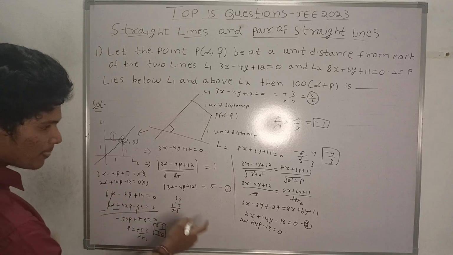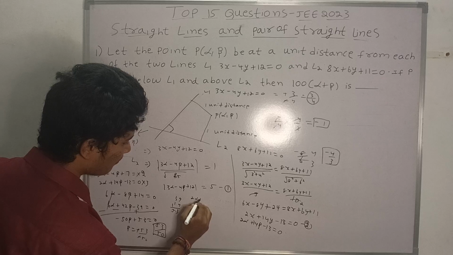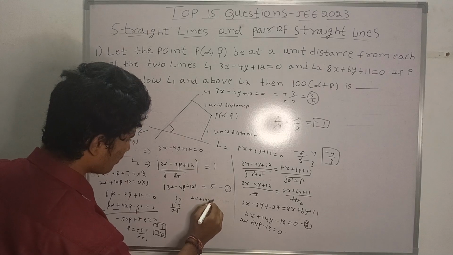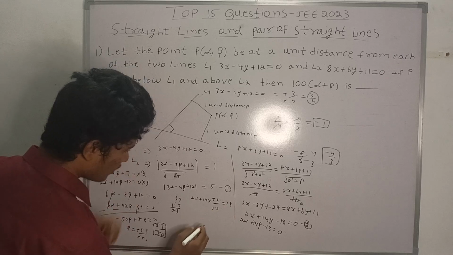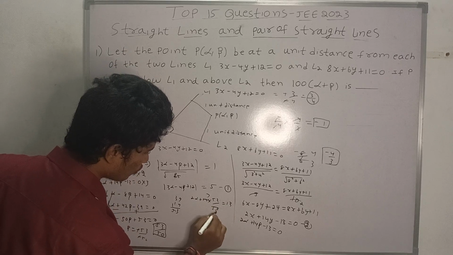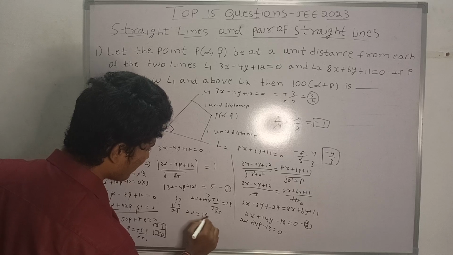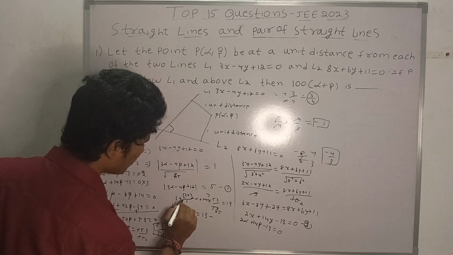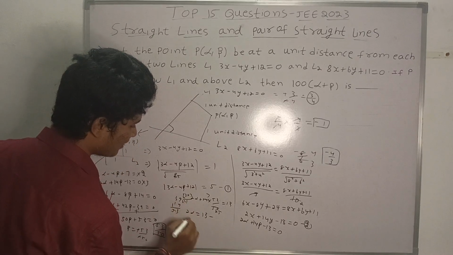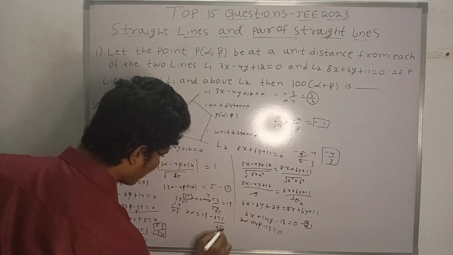So from this equation we will get 2 alpha plus 14 into 53 divided by 50 equal to 13. When I solve this, 2 7s are 14, so it becomes 7 over 25. 2 alpha equals 13 minus 53 into 7 divided by 25, that is 371 divided by 25.